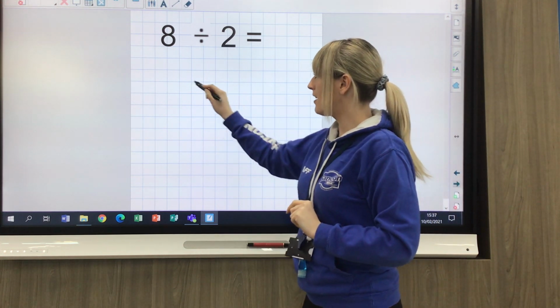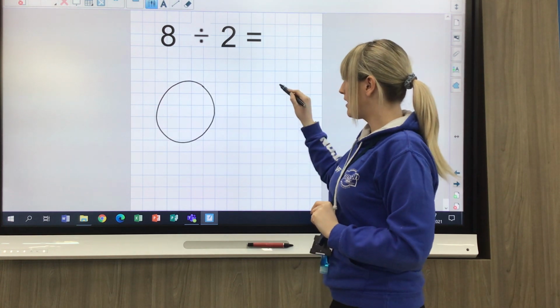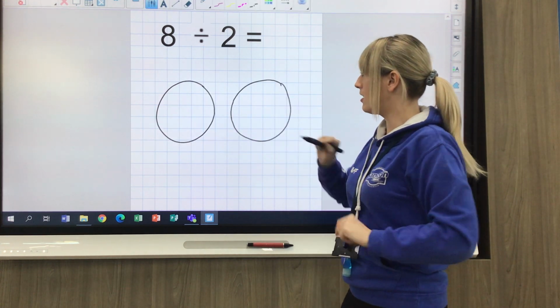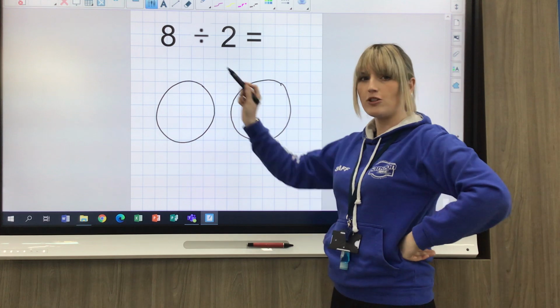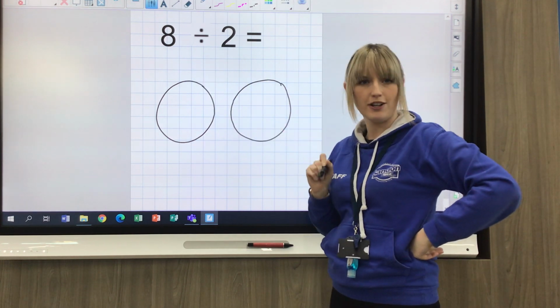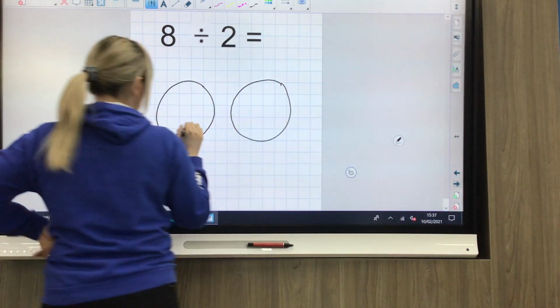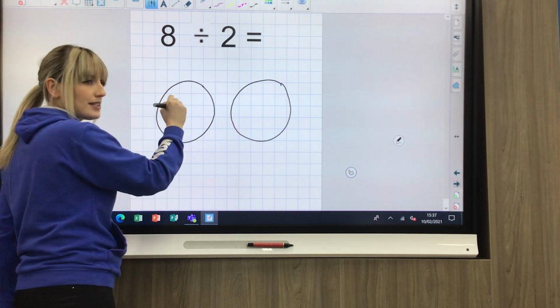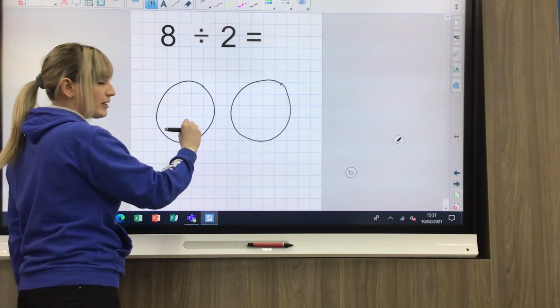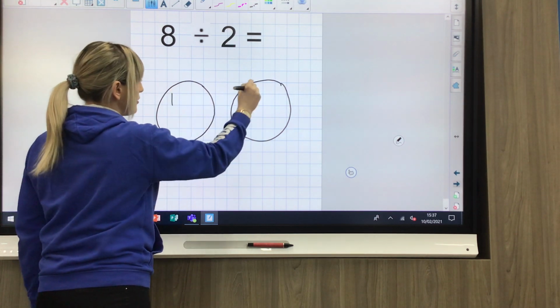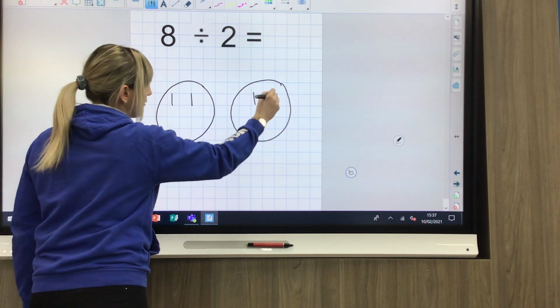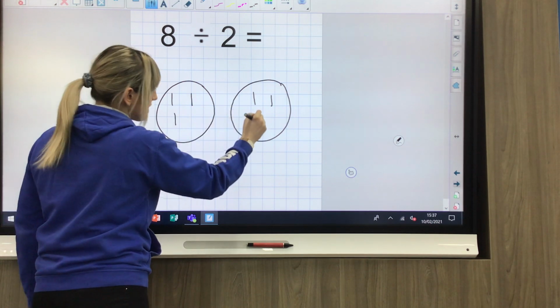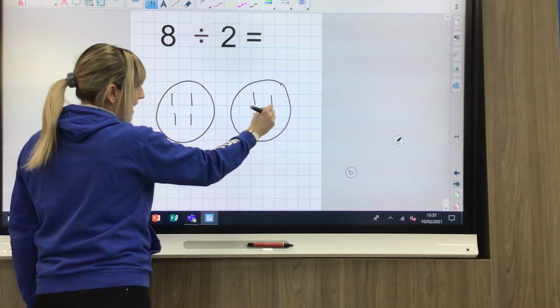Okay, so here is the car parks. I've got to park my 8 cars now. And I've got to share them between the car parks equally. Okay, so I'm counting to 8, sharing them equally. Count with me. 1, 2, 3, 4, 5, 6, 7, 8.